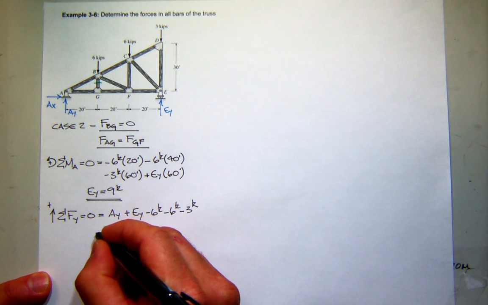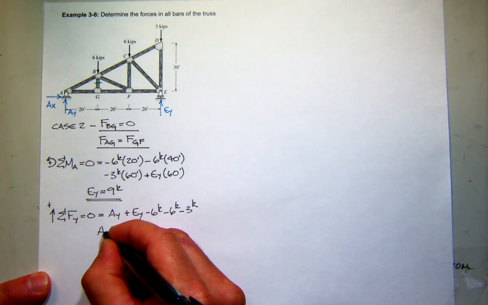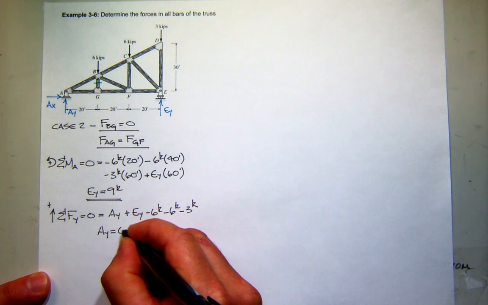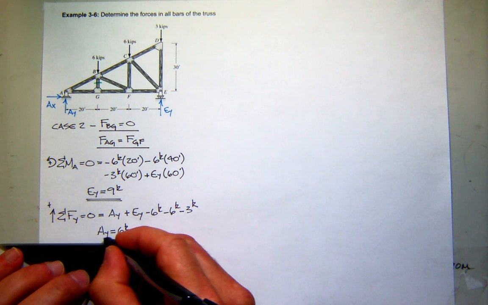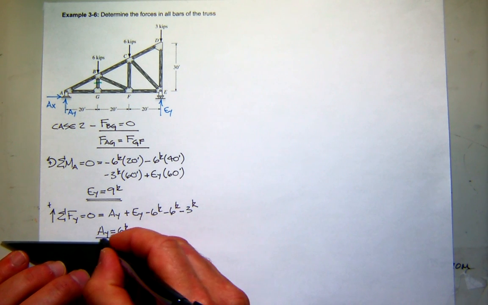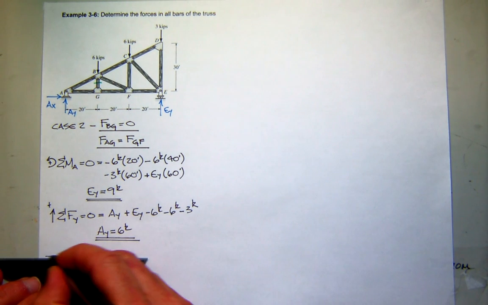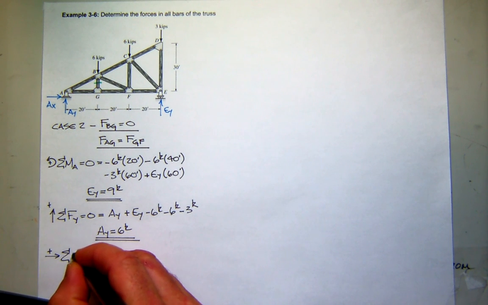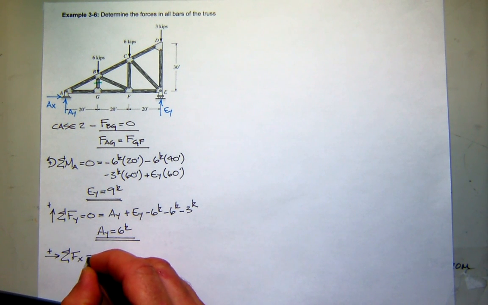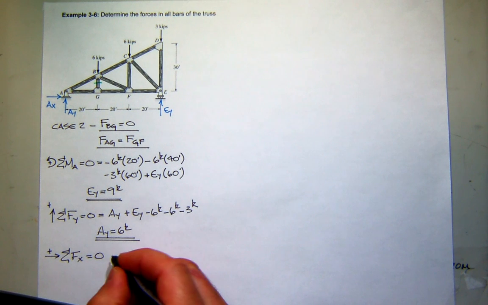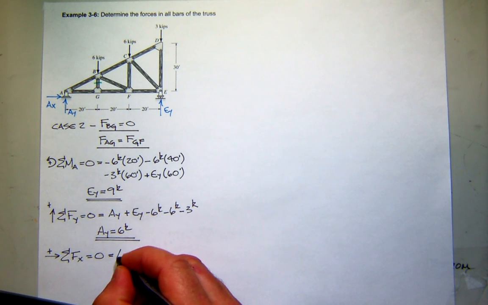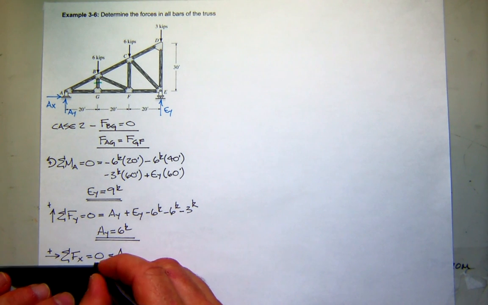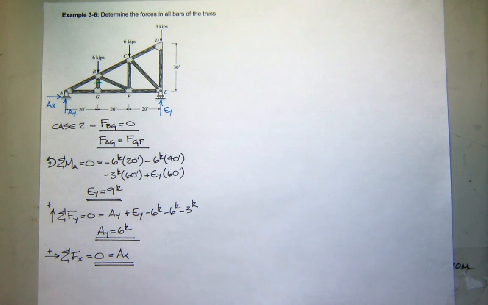So it looks like AY is 6. You guys get that? And then this is a little trivial, but we'll go ahead and sum forces in the X direction. Make sure we're in equilibrium. The only force in the X direction is AX. So it's 0. So we have all our reactions.